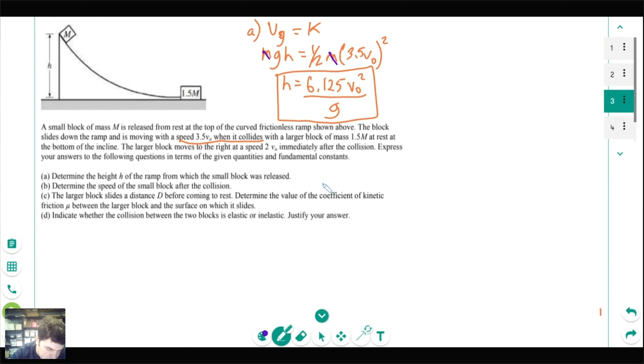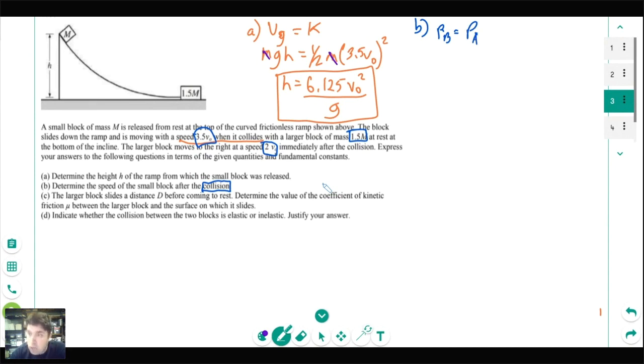All right, so once again, we're told collision here. We're given starting speed, ending speed, mass of the other block, all sorts of stuff like that. That's how we're going to solve this one. We're going to do momentum. So for momentum, we have P before equals P after.